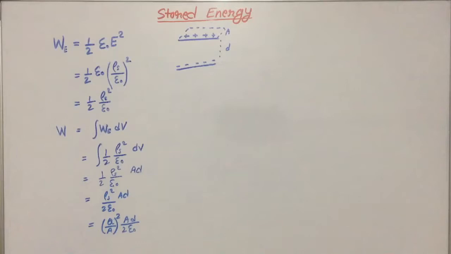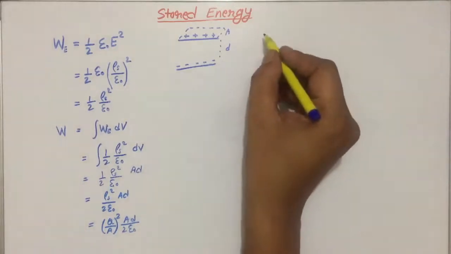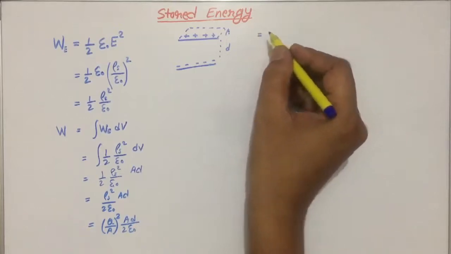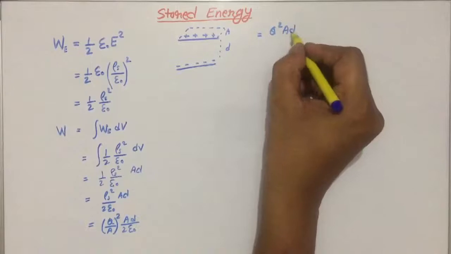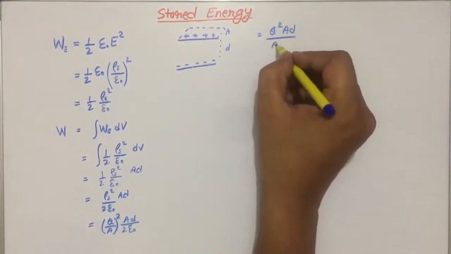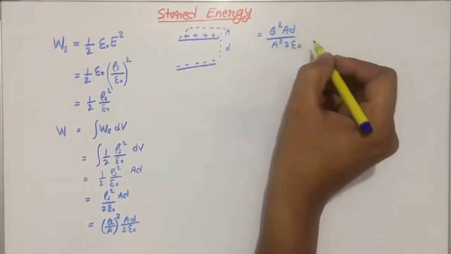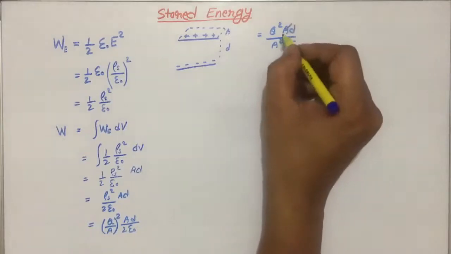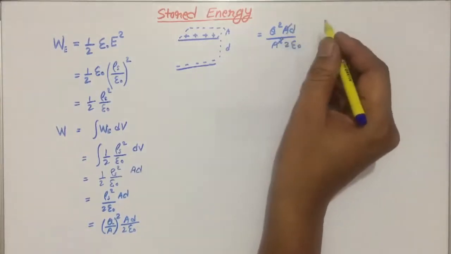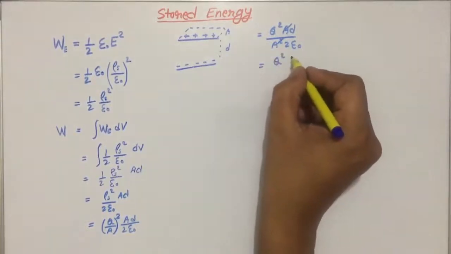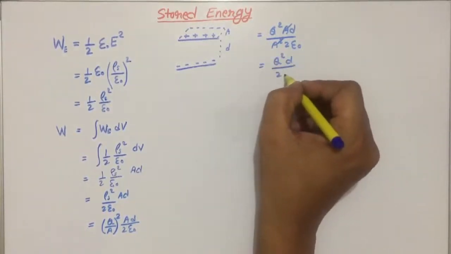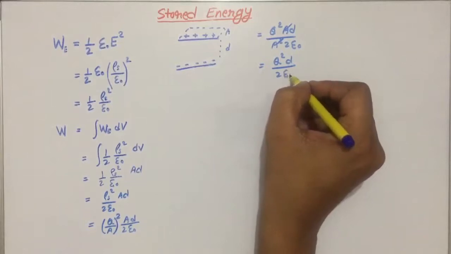So we have Q square AD divided by A square 2 epsilon naught. One A from there and one A from here will cancel out. The remaining will be Q square D by 2 epsilon naught A.